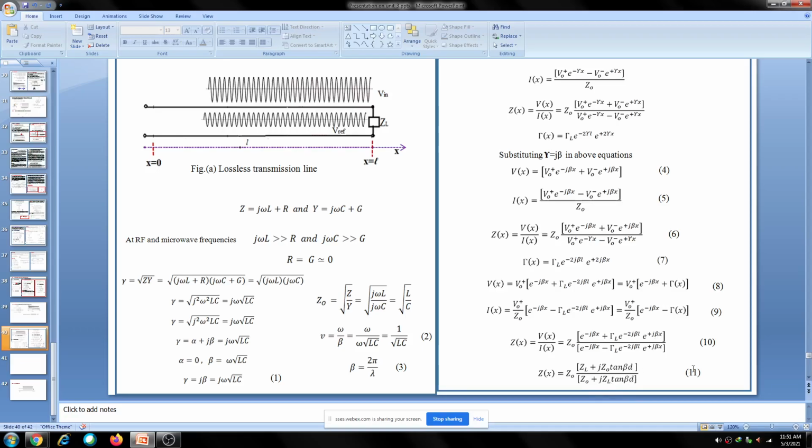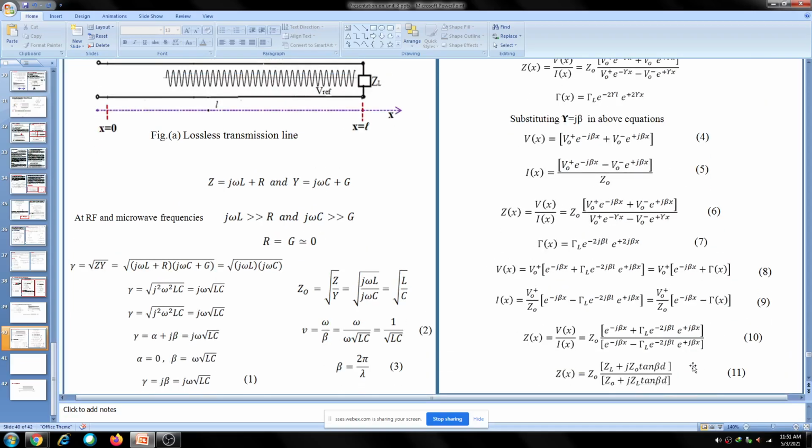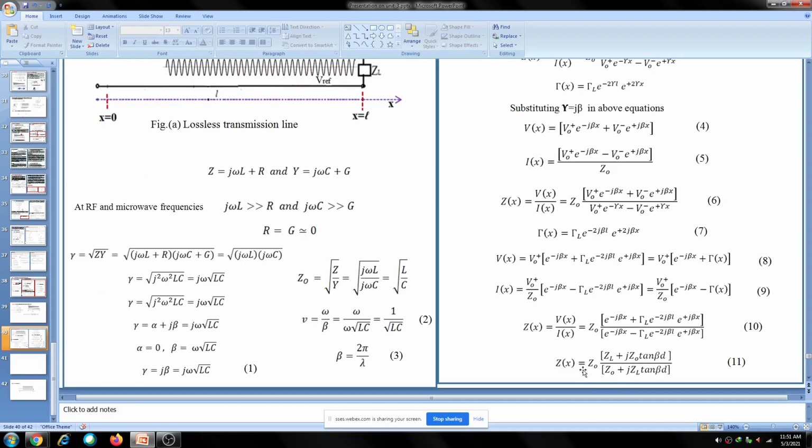This is very important. Now this is trigonometric. Z of x is given by z0 times (zl plus j z0 tan beta d) over (z0 plus j zl tan beta d). The hyperbolic function is not here; it is tan beta d.